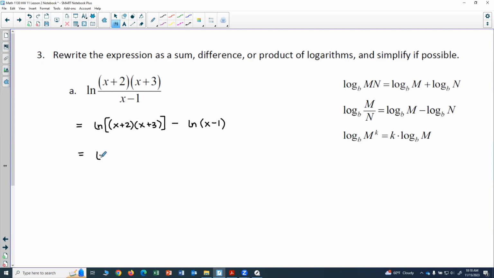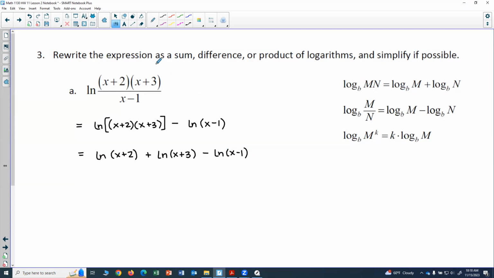So I'll have natural log of x plus 2 plus natural log of x plus 3 because they're being multiplied inside the log. So I split them apart and put a plus between. And then minus natural log of x minus 1.